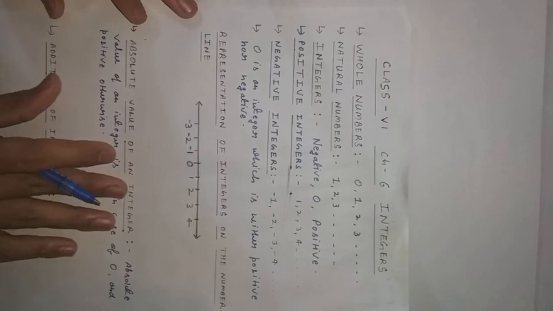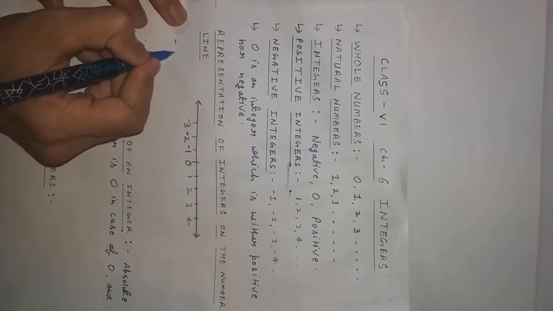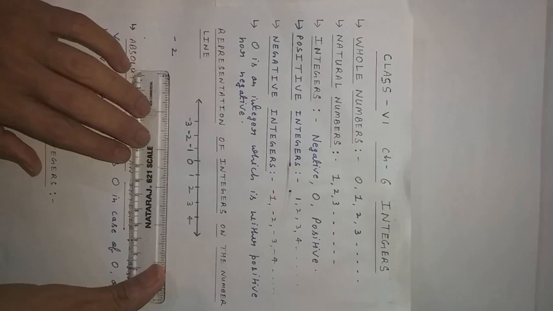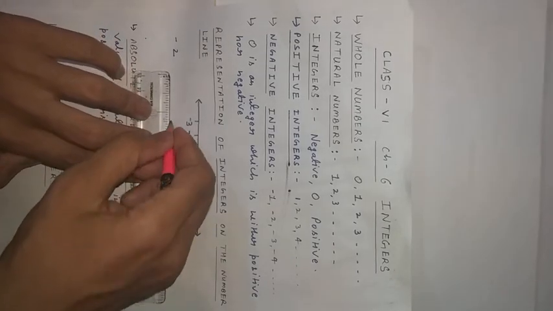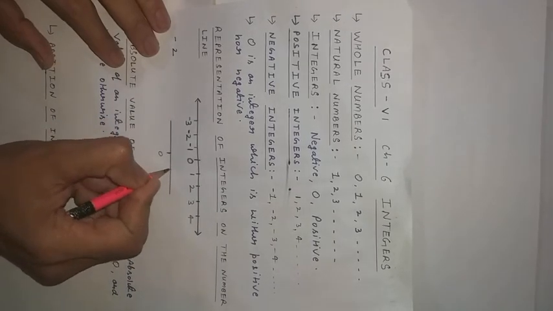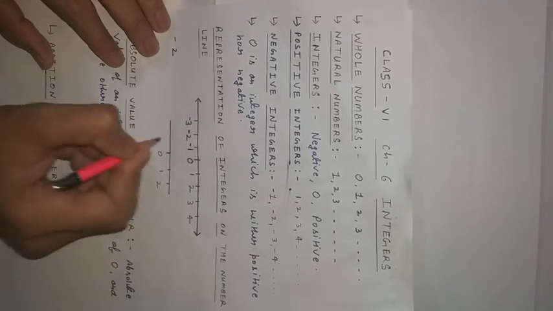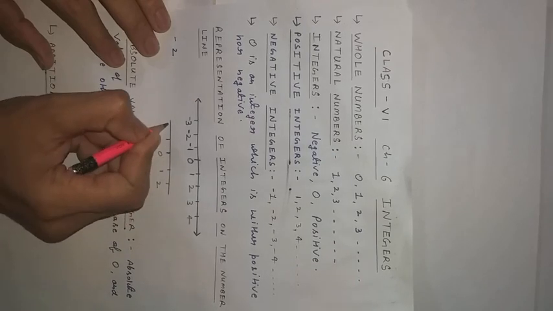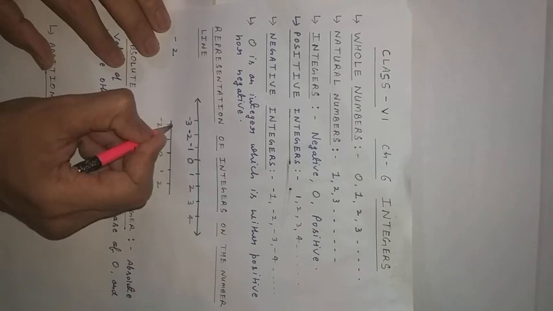Suppose you have to represent minus 2. So how will you represent it? First you will draw a number line. Now you know that in the middle there is 0, here plus 1, plus 2, here minus 1, minus 2. You have to represent minus 2, students. So this is your minus 2.